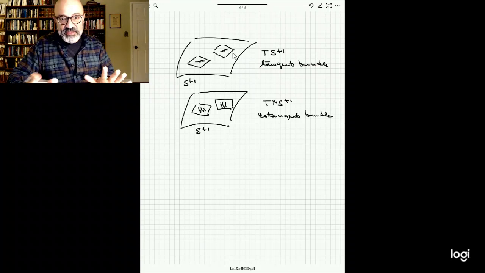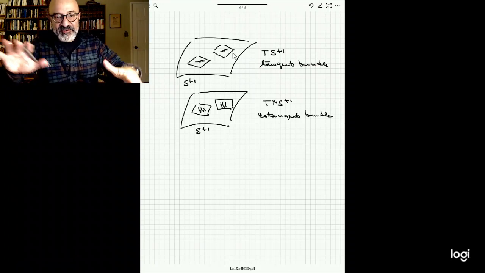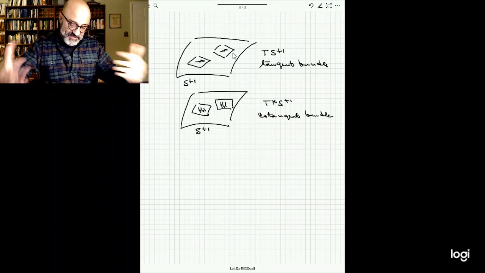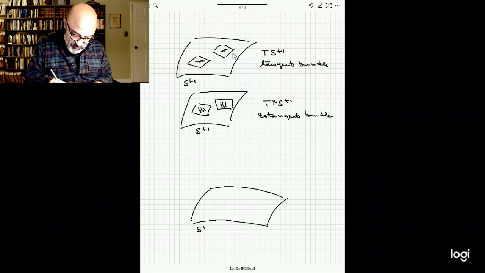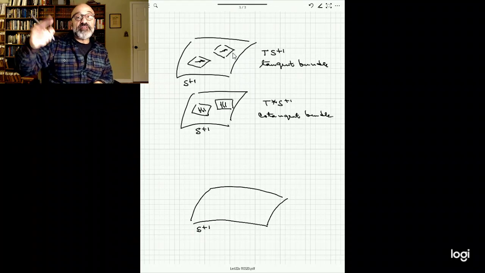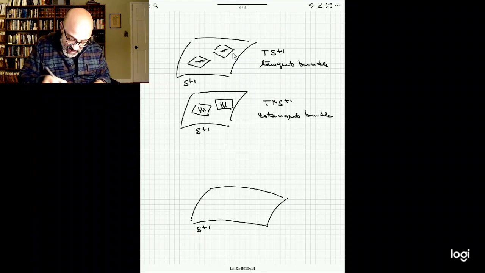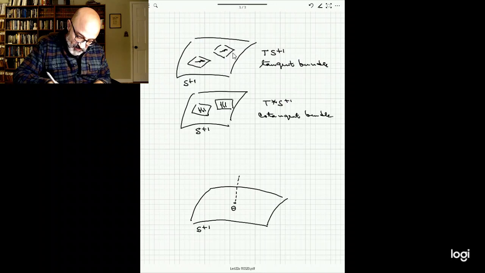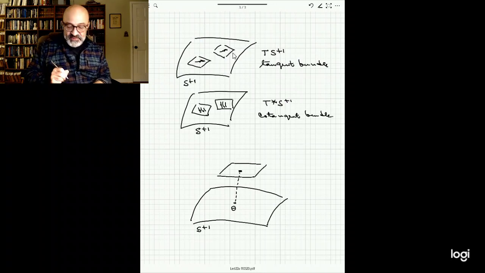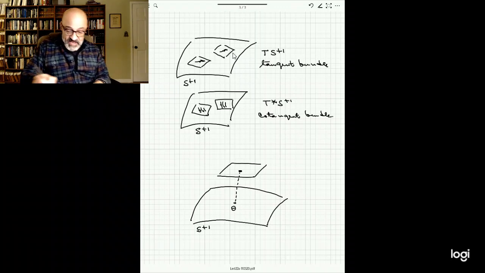So let me draw you another picture. I'm just writing the same thing over and over again so that you sort of become familiar with the figures, with the geometry. You have a base manifold, which is one more dimension than the simplex. At any point theta, I'm going to draw it up here. We're going to draw the tangent space at theta.